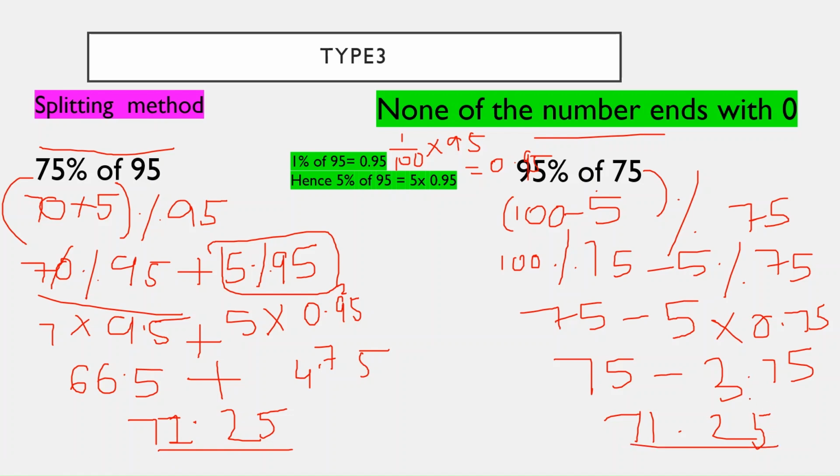Okay friends, now let us take one more example. This is the last example of today's session. So 81% of 122. Then how are we going to write? 80 plus 1 percent of 122.